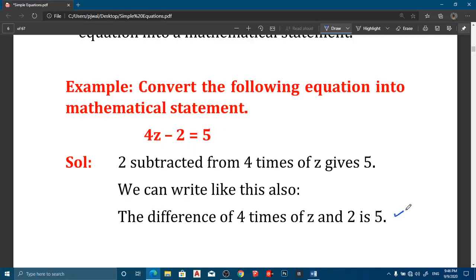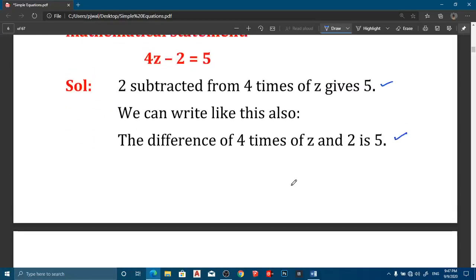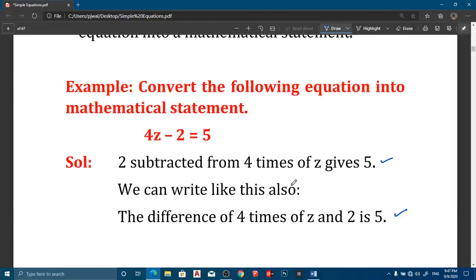Like this also you can write. Both are equal here. Okay. The meaning should not be changed. So this is the conversion of a statement into an equation and an equation into statements. Like this you can convert by using all these concepts.